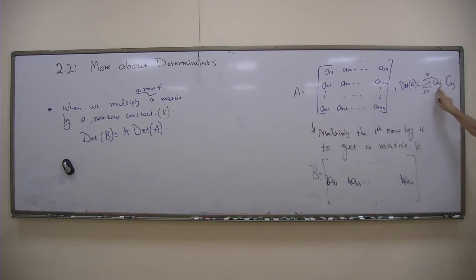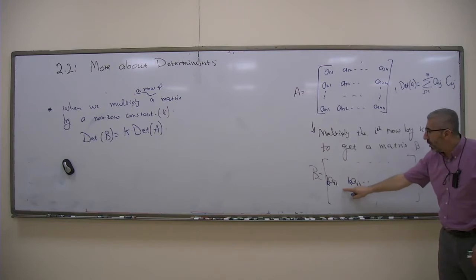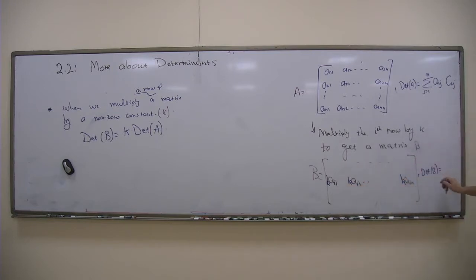So here I'm using the ith row to write the determinant. Now, if you do it here, determinant of B equals, well, let's use this row to get the determinant. That is going to be the summation of k a_ij C_ij, where j runs from 1 to n.